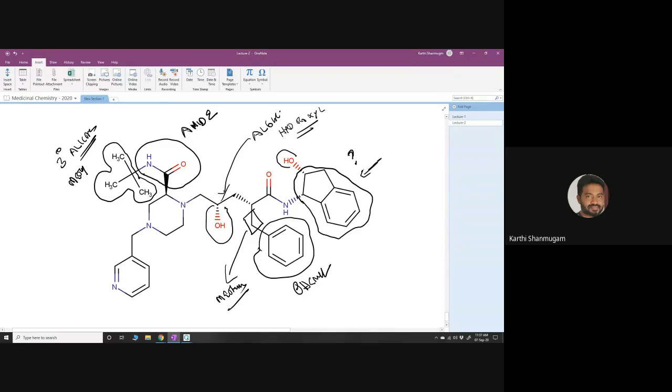So what is the name for this part now? What's the name for this functional group, in which a 6-membered ring is attached to a 5-membered ring? So how do you name in ATGC, right?